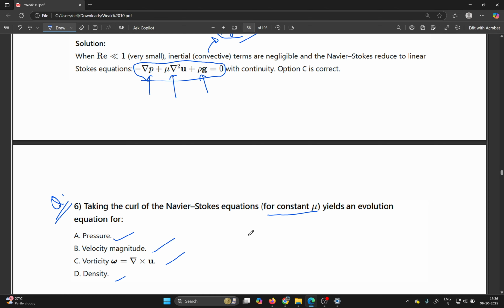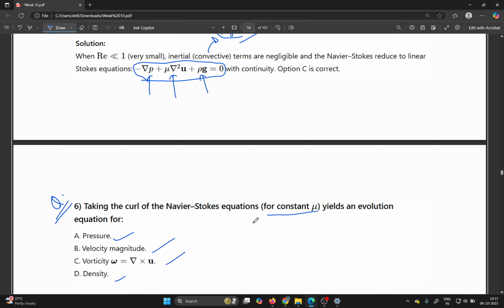What is curl? If you are taking the curl of the Navier-Stokes equation with constant dynamic viscosity, what will happen? This is a more conceptual question.